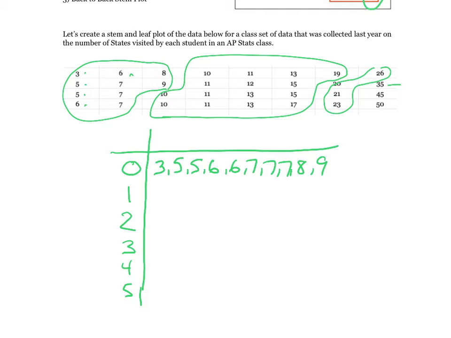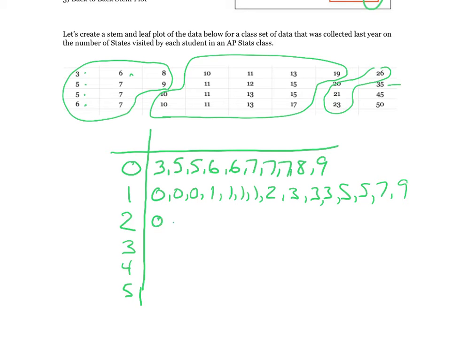For the teens, there's 3 10s, so that would be 3 zeros. And then 4 1s, because I have 4 11s. We have a 12, a 13, a 13, a 13, a 15, a 15, a 17, and a 19. Okay. Then I have 20s.